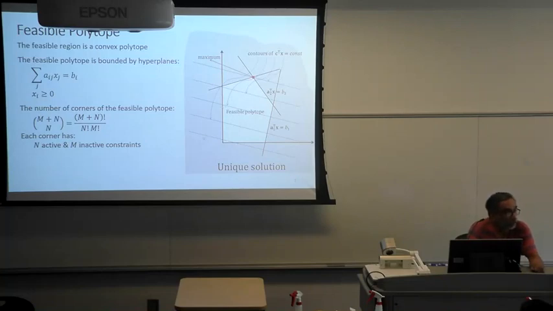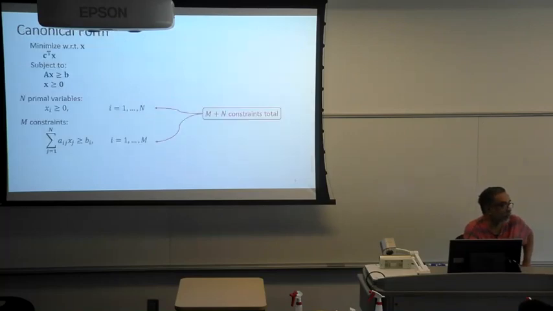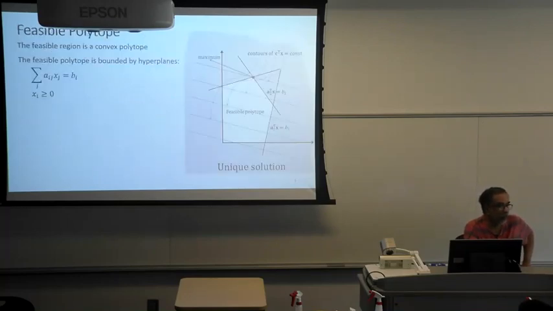And now, these are the contours of c transpose x, the objective function, equals some value, another value. Since this is linear, it will be constantly increasing, and they will all be straight lines. c transpose x equals alpha 1, c transpose x equals alpha 2, c transpose x equals alpha 3, and so on.